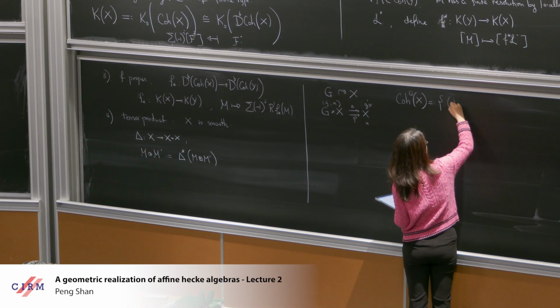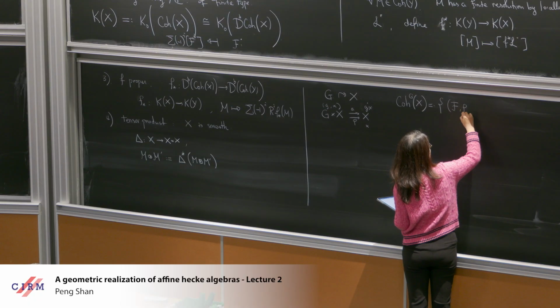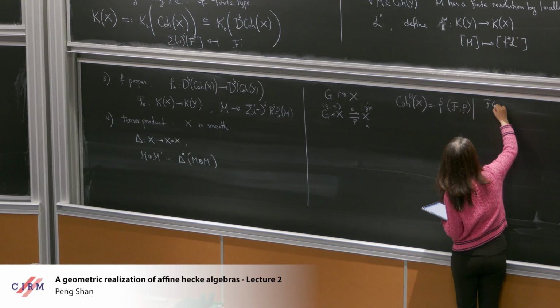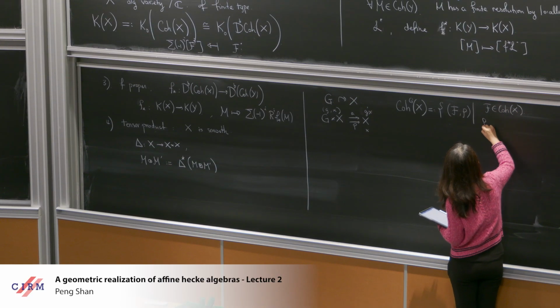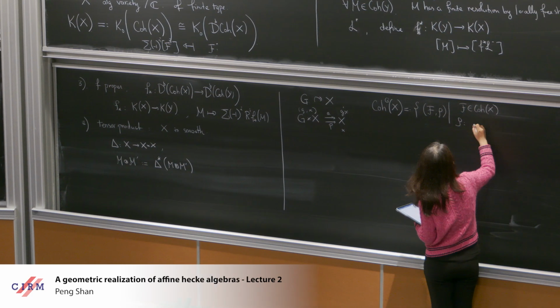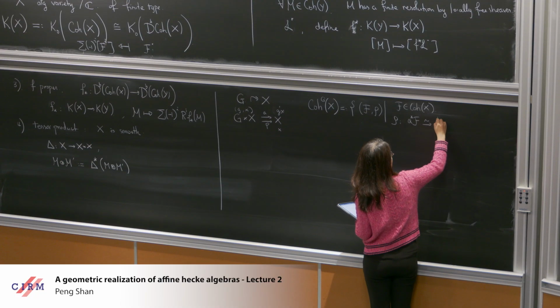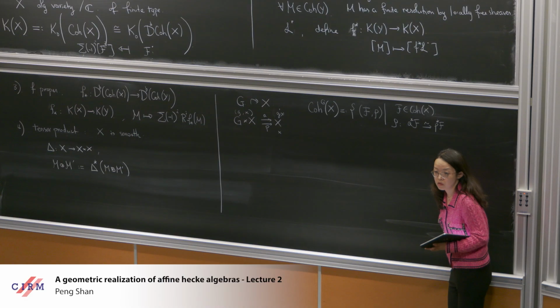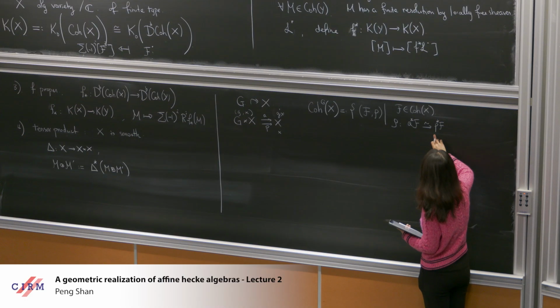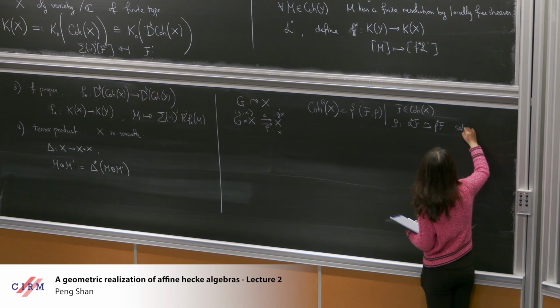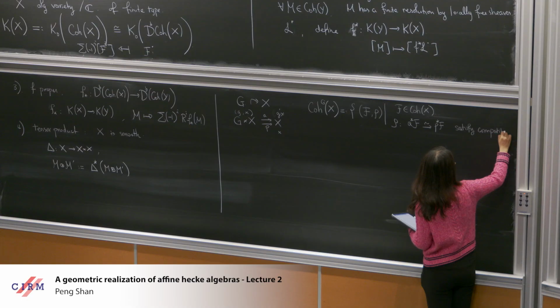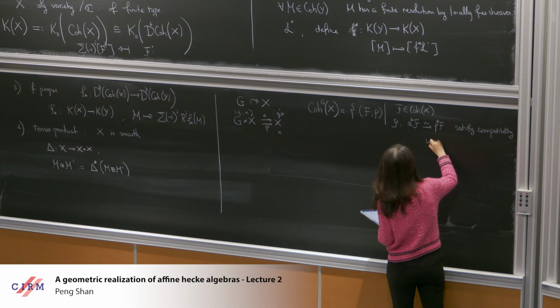First of all, you have a coherent sheaf F on X, which is equipped with an isomorphism between the pullback by A and the pullback by P. This is additional data which satisfies compatibility with the group action.